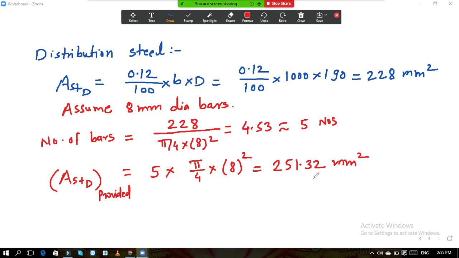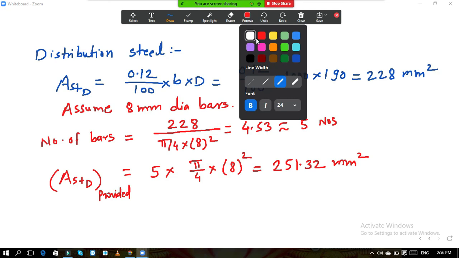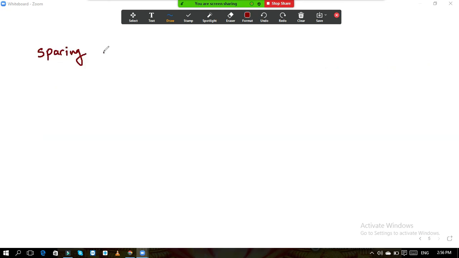This is the ASTD provided. Now calculate the spacing of distribution steel. This part, spacing of distribution steel, we will take in the next lecture.